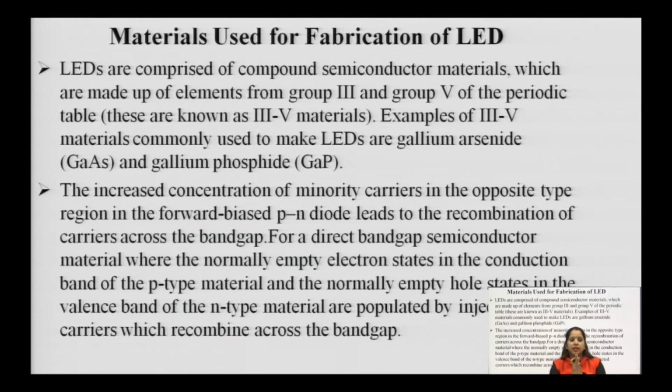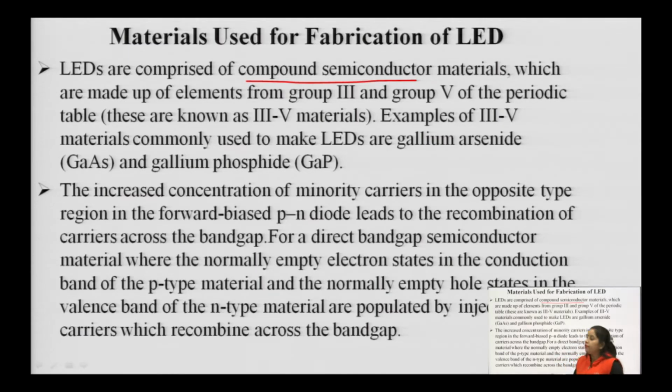There is a special type of semiconductor used for LEDs. LEDs are made of compound semiconductors. Si and Ge, silicon and germanium, are general semiconductors which are not compound semiconductors, so they can't be used for the fabrication of LEDs.